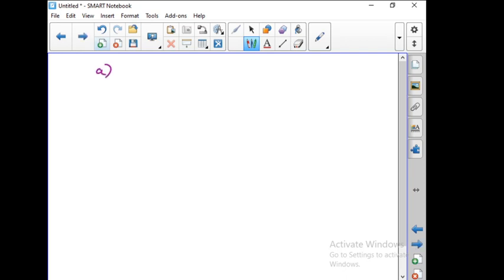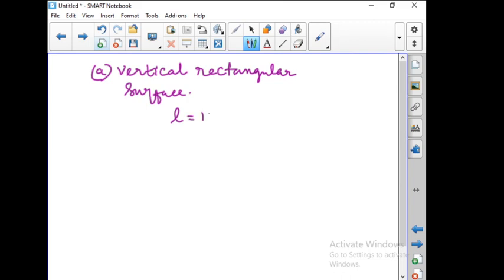So for finding flux through the vertical rectangular surface, from the diagram it is understood that length is 15 centimeter and breadth is 5 centimeter.